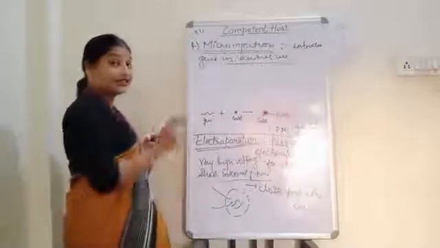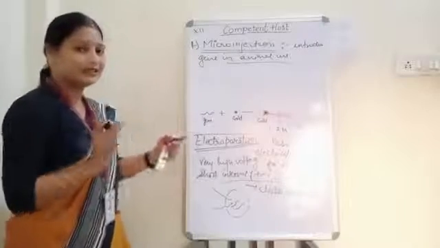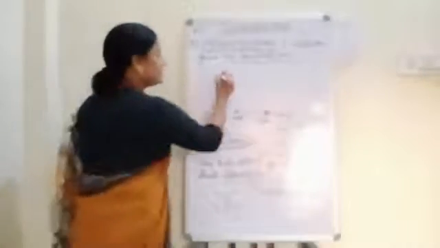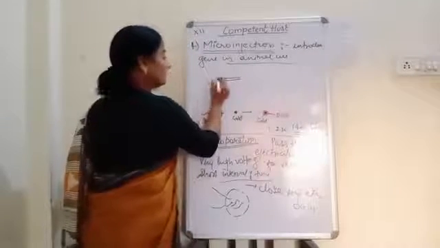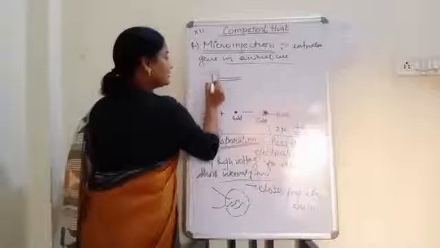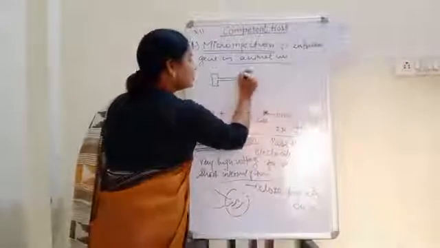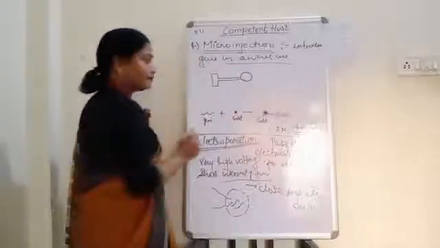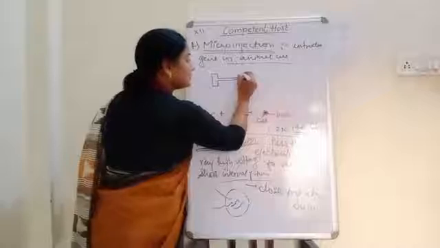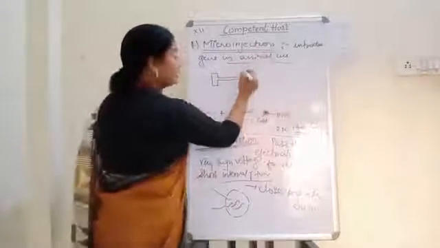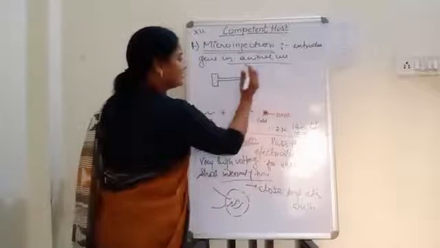Now children, in this we take injection-like instruments. See, the figure is something like this. This is our holder, and this will carry your cell. Suppose this is the animal cell, then the nucleus and everything is here.